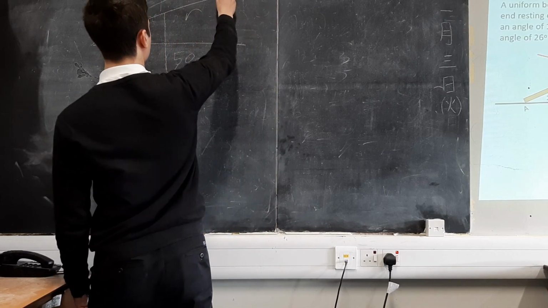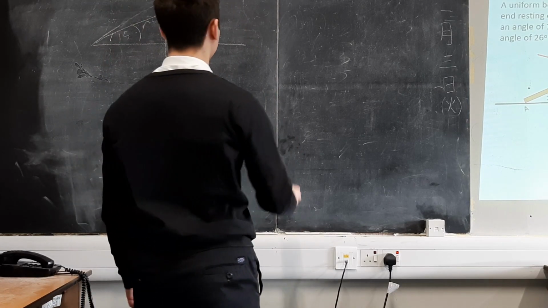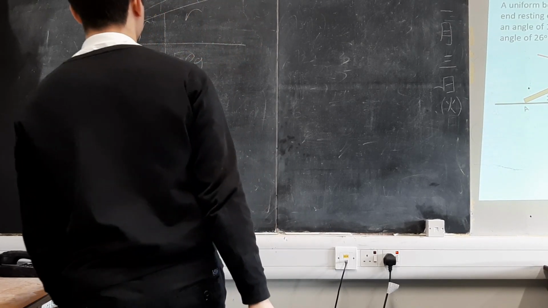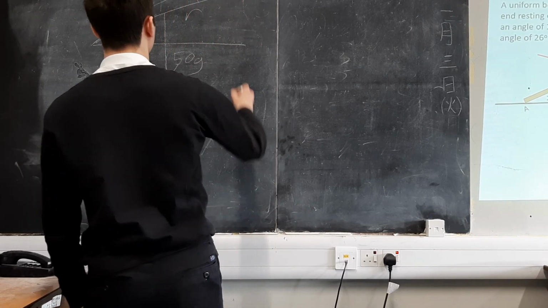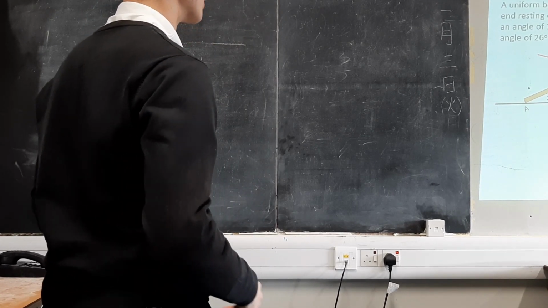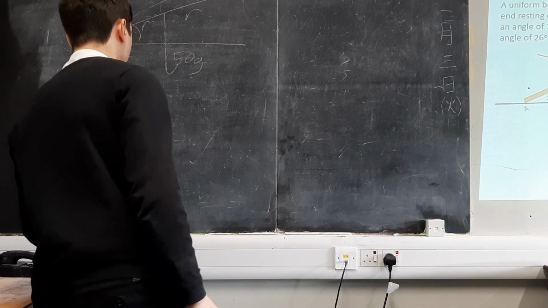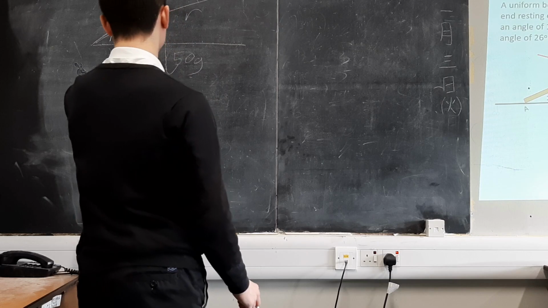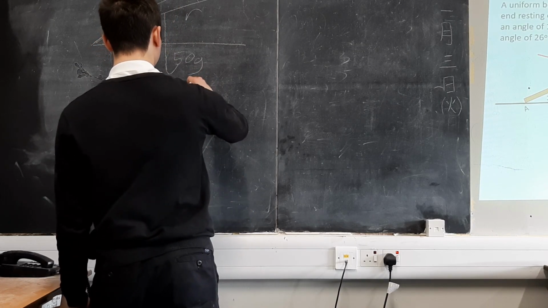Then a tension this way of 26 degrees. So double angles. Ain't that fun? Ew. Oh no, double angles. Alright, like we've done before, that is just r cos 15.